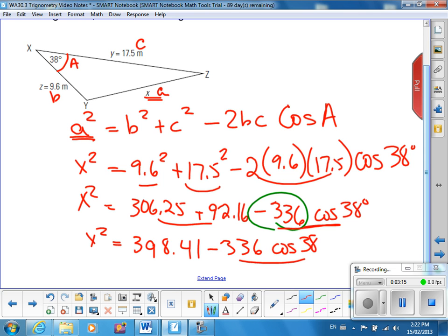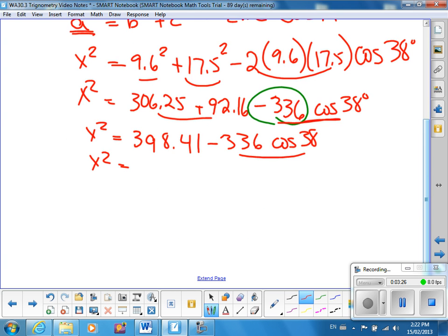You would do 336 times cos of 38, and then subtract it from the 398 value, which ends up being 133.63. To get rid of the squared, you take the square root, just like at the end of Pythagoras' theorem, and x equals 11.6 meters.